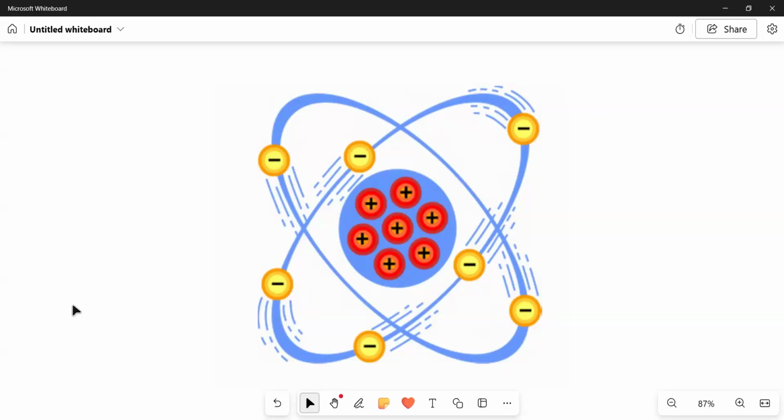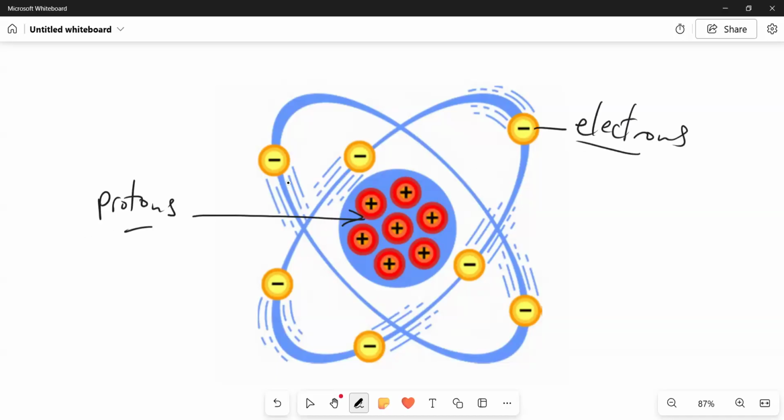As you see here, these are protons, and these with the minus sign are electrons, right? Protons are positively charged, and electrons have a negative charge.